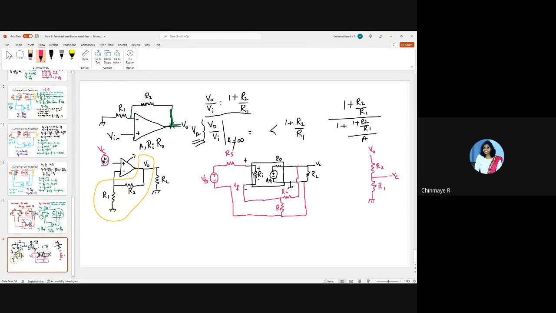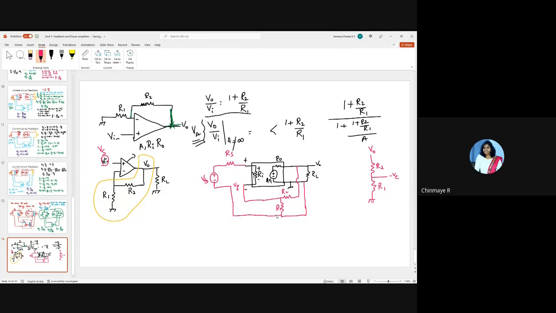I've just drawn the block diagram of this, that's all. So basically you have a voltage amplifier here, which shows all the non-ideal parameters. Here you're sensing the output voltage, and then you're feeding a part of the output voltage back to the input, right? That's what I have represented here.